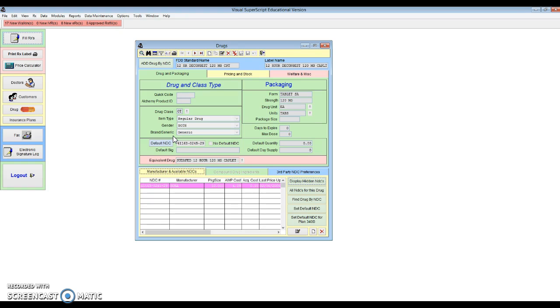You'll notice that for Ernest, this has a lot of other things on here. You can see what his diet is. For example, he's only allowed to have clear liquids. You can see his diagnosis, diverticulitis. You can see that he doesn't have any drug allergies. You can see who his doctor is.